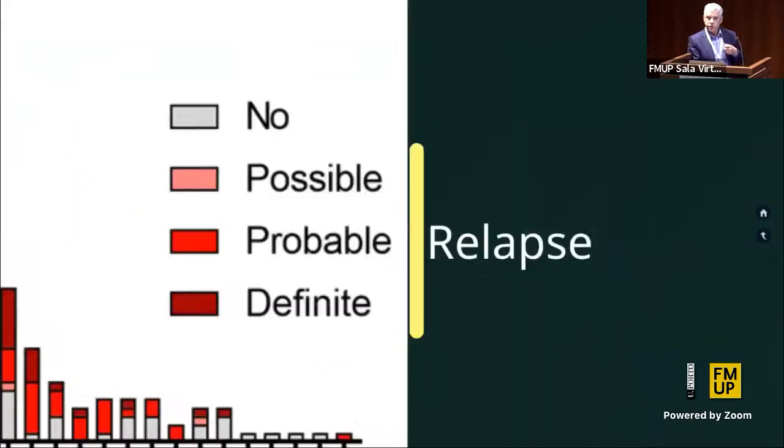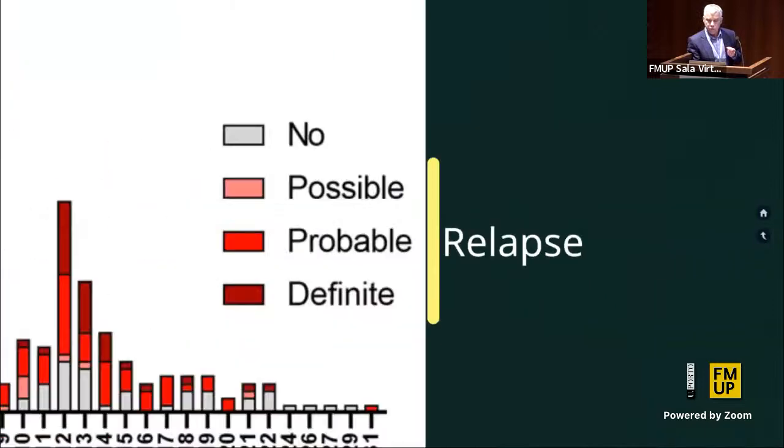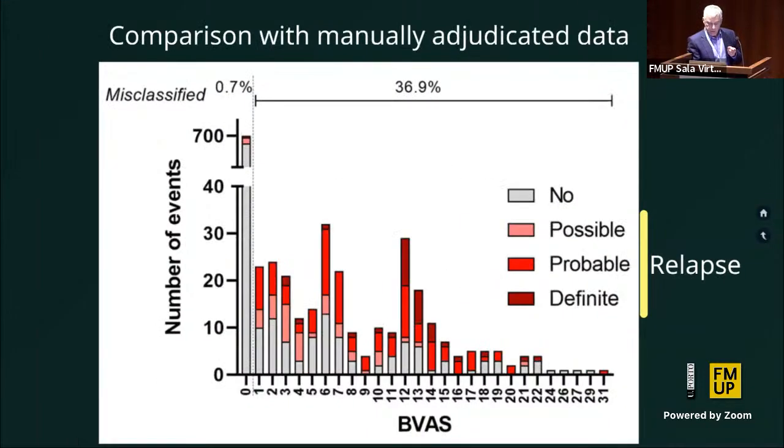If it's 0, that means it's not a relapse, the patient's in remission. You can see that 0.7% are misclassified in that case. These are people who do not have a relapse, but they're inappropriately identified as having a relapse.